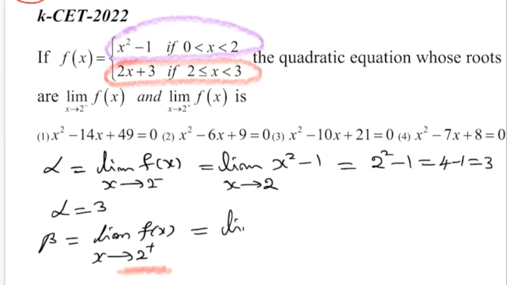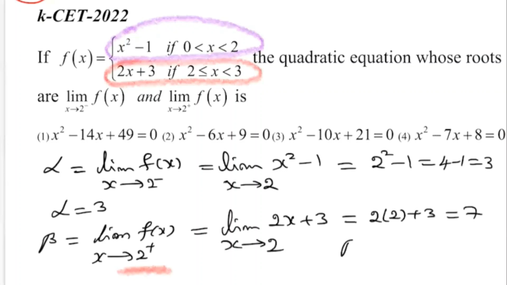So limit x tends to 2, 2x plus 3. Replace x by 2. That is 4 plus 3, 7. So beta is 7. Now we have two values, alpha and beta.